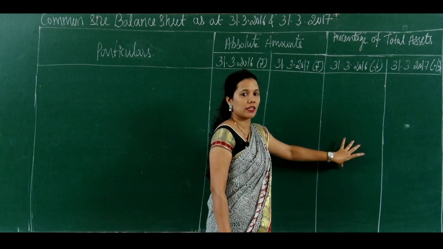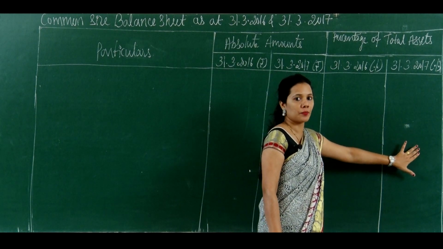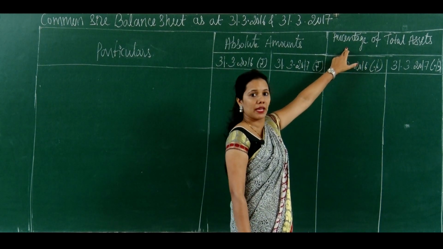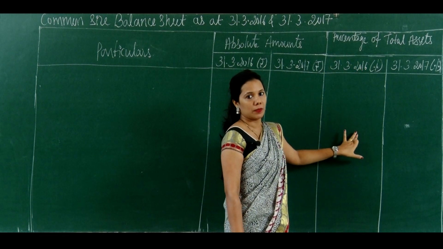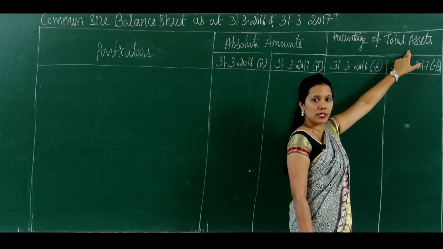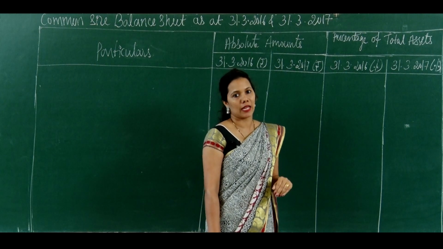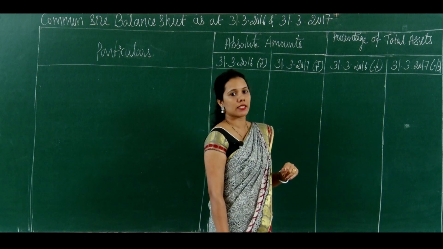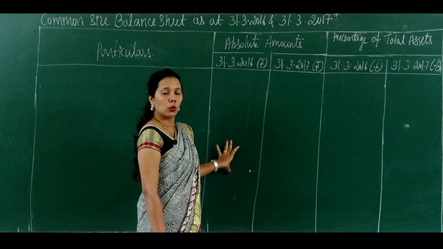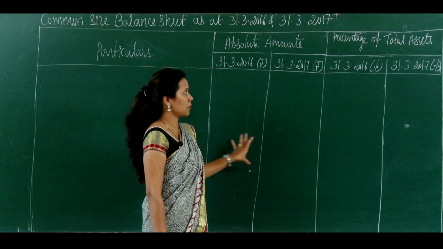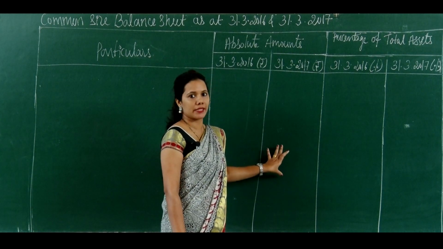So, 2016 information you write here and 2017's information here. I have also mentioned the base for converting each item into percentage. Here it is total assets, or you can also take total liabilities because assets are equal to liabilities. So, you can take either. For 2016, total assets of that year is the base, and for 2017, total assets of 2017 is the base.